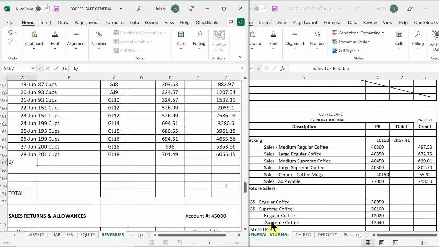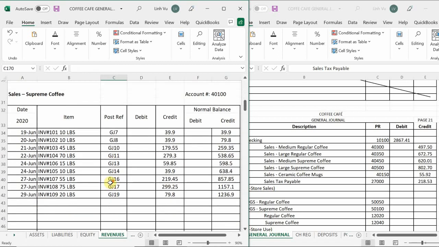Okay, how many cups of the large supreme? 230 cups, for a total of 802.70. Ending balance: 6,857.85. Good.